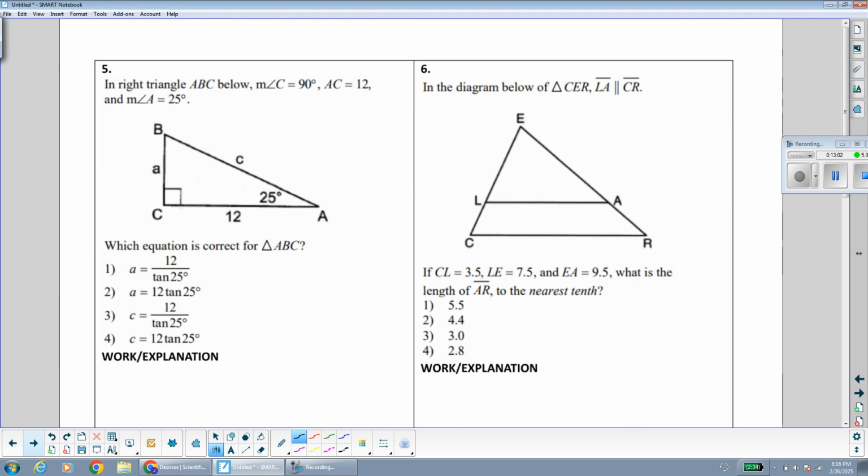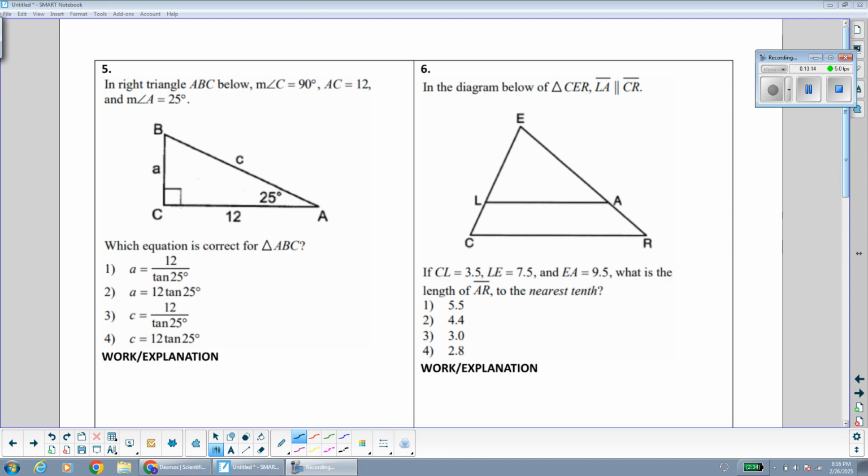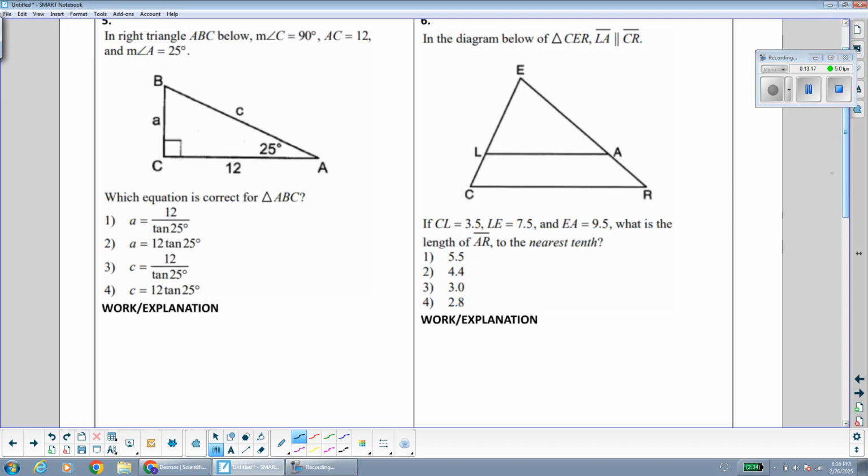Okay. Which is the correct equation for triangle ABC? They're all with tangent. So let's check it out here. It's all for tangent of the 25-degree angle.